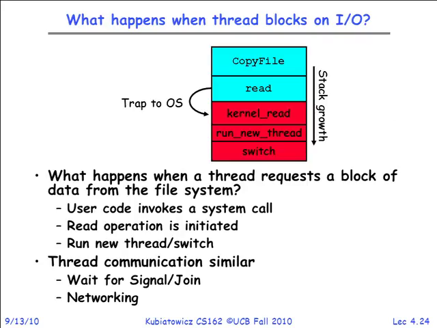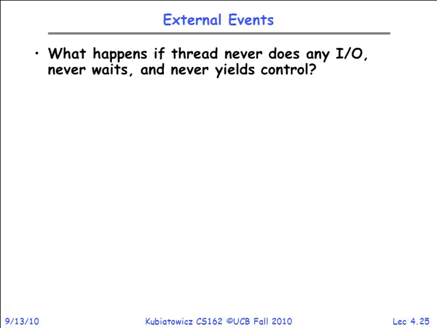Now, what about external events? So what happens if the thread never does any I/O, never waits, and never yields? Well, if you're in the original Macintosh or Windows 3.1, what happens is you got a bunch of windows up and one of them keeps working and the other ones are all frozen.